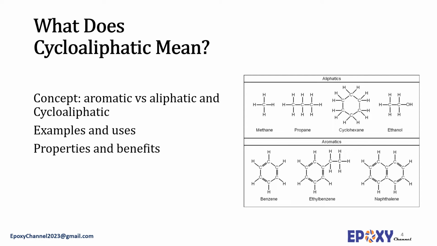Cycloaliphatic compounds include cyclopropane, methyl cyclohexane, and heptylene. A cycloaliphatic compound has many industrial uses in manufacturing resins, coatings, hardeners, and additives. The products made from cycloaliphatic hydrocarbons have proven to play a role in high-performance coatings, composites, and adhesive applications.